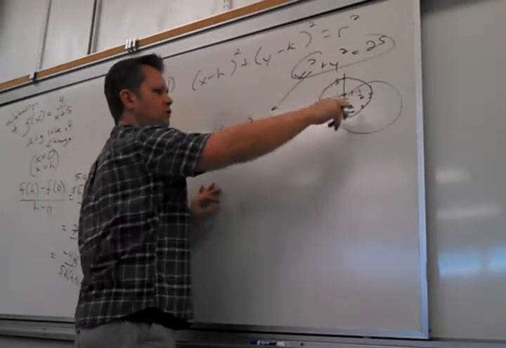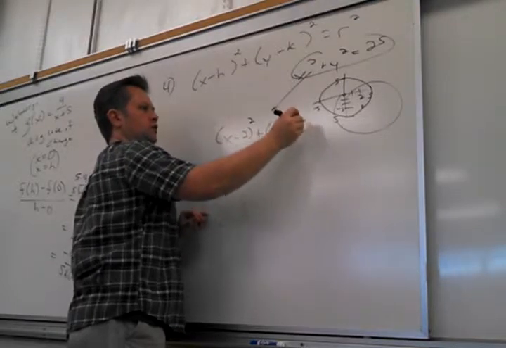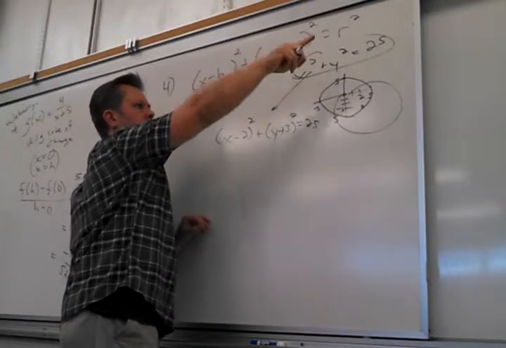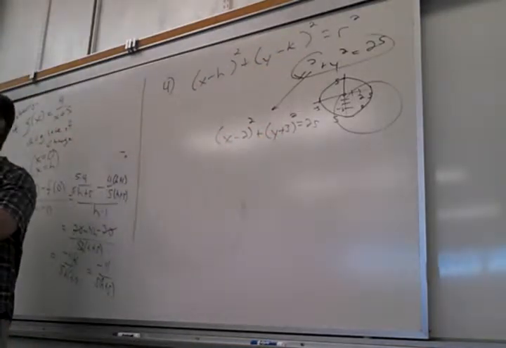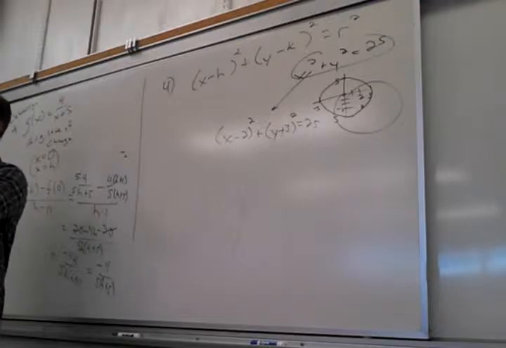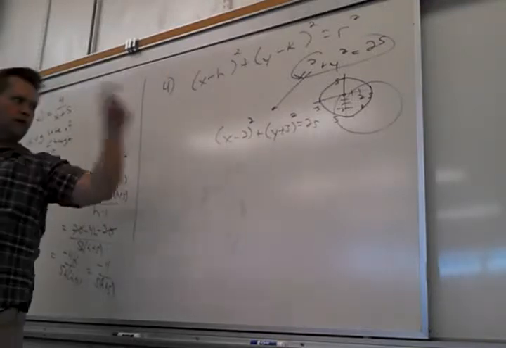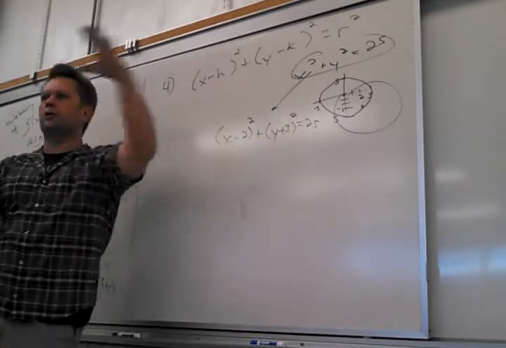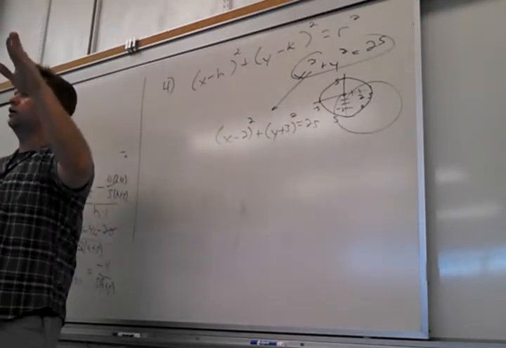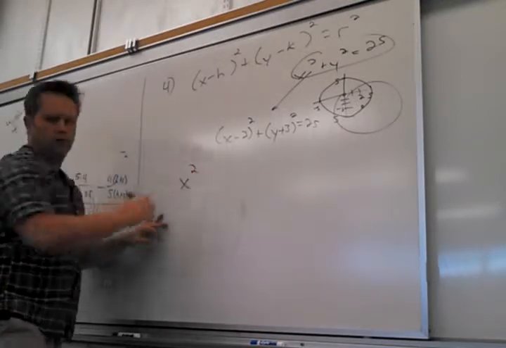And if I want to move it down 3, y plus 3. I love it. Cool. That would be a circle of radius 5 centered at 2, negative 3. Let me stop there. Do you see how transformations actually make sense as to why I can see certain things in the function that represents that graph? If I see negative 2 and positive 3, I know the center is 2, negative 3 because it corresponds to moving it there. Maybe.